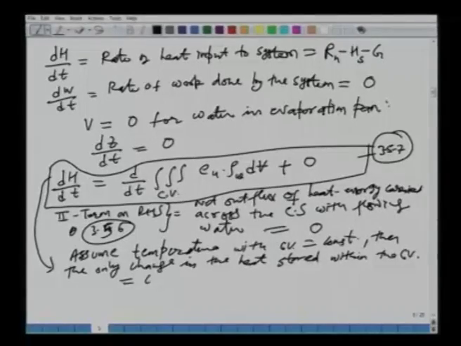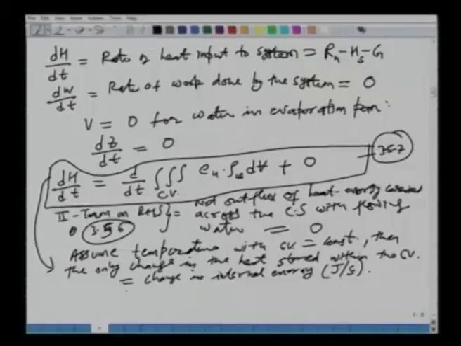It is the change in the internal energy. Total heat is equal to your internal energy, which is in joules per second. Okay. So, it is the time rate of change of internal energy, and we are saying it is joules per second. What will this be equal to?